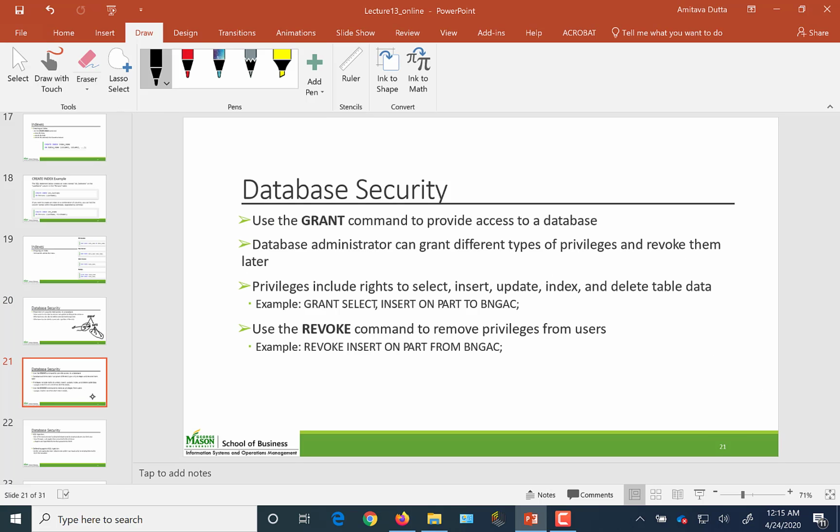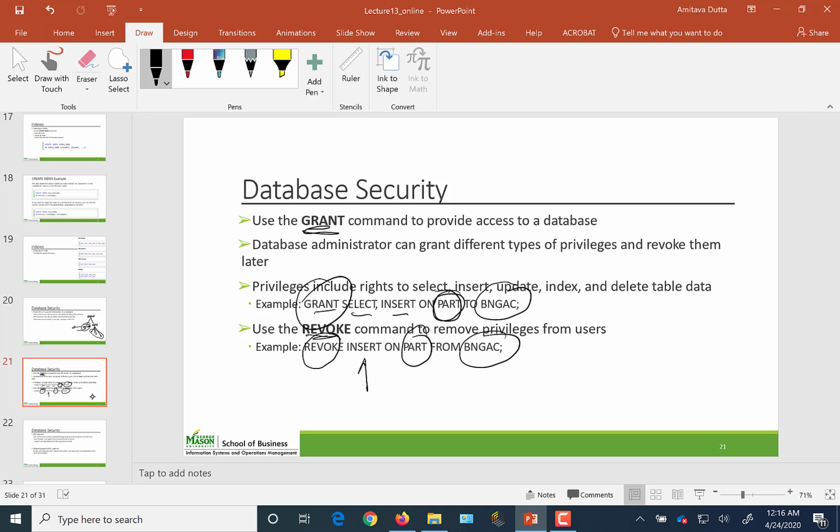Now, in terms of giving rights to an end user, it's usually done through the grant and revoke commands. So you grant access rights to an end user. For instance, you can say grant select, insert on this particular table to this particular user. Okay, and then when you want to take it away, you can say revoke insert on the same table from the same end user.